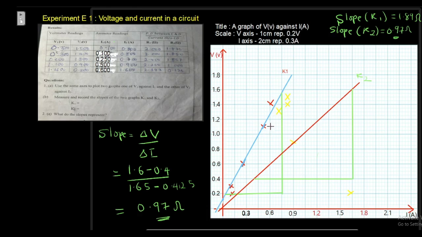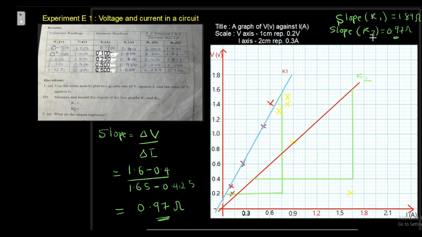But you just need to understand that your value of K1 must be greater than your value of K2. That's just the concept here. K1 is the slope for series. K2 is the slope for parallel. So the slope for series must be higher than the slope for parallel because K represents resistance. So resistance for series combined is higher than resistance for parallel combined.